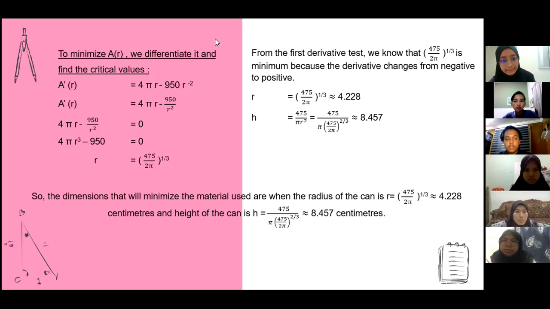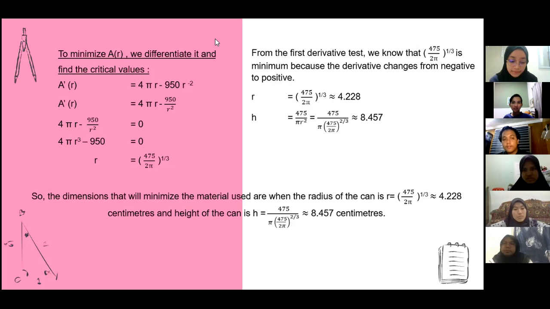As we can see on the slide, the derivative of A(r) equals 4 pi r minus 950 r to the power of negative 2. Then we simplify it to 4 pi r minus 950 over r squared. Then we set the derivative equal to 0, and finally we got r, which is 475 over 2 pi to the power of 1 over 3.